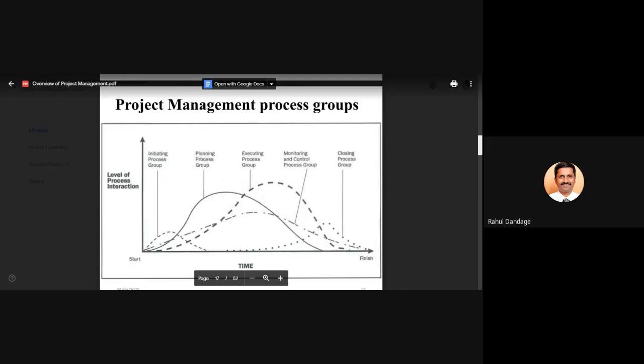Correct? Now just tell me which process group is drawn with the dark dashed line. Which process group is indicated by the curve of dark dashed lines? See the diagram and put your answer in the chat box.